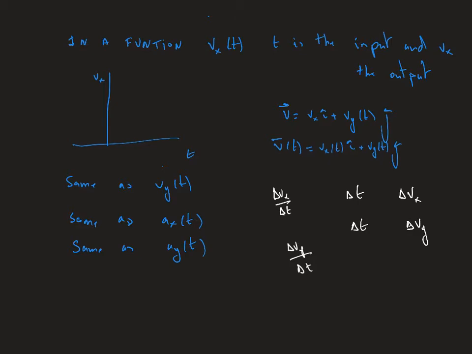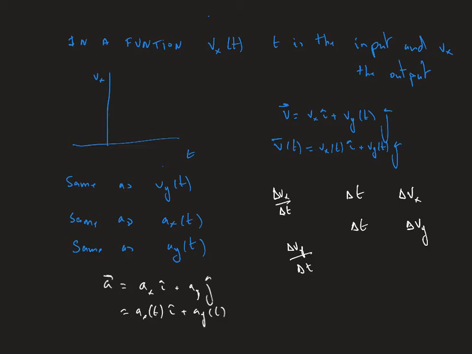So if you have a function, for example the acceleration function, a will be the acceleration vector. This is always ax i plus ay j. It's a vector that has components in the i and the j direction. And it could happen that ax depends on t and ay depends on t.